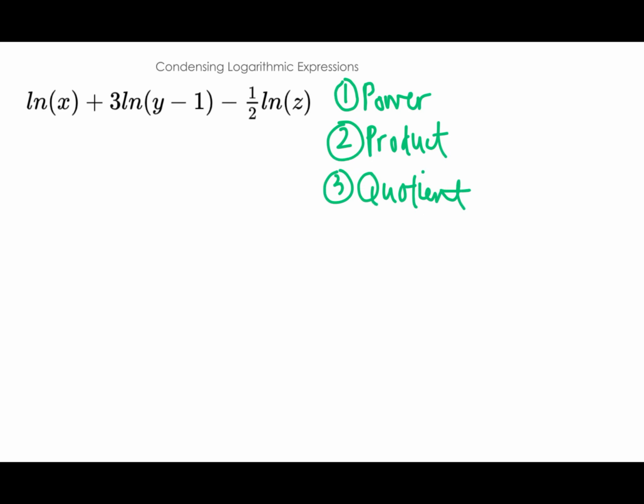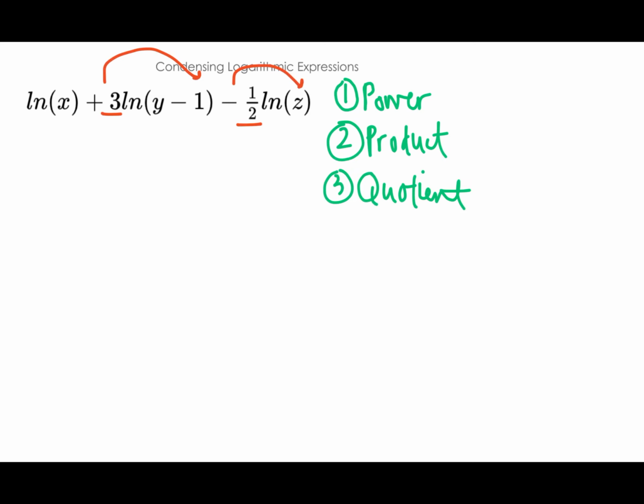They're the same properties, and we just start by scanning the problem and seeing what we can do. So first, the power rule. Now for condensing, the power rule is going to be taking any coefficients in front of a log and bringing them up as an exponent. Now we don't want to bring the sign with us, just the number.